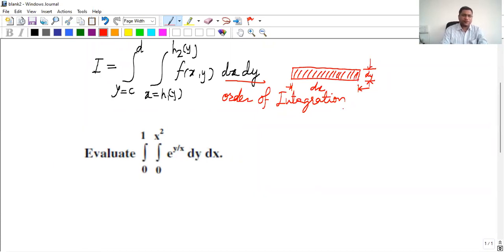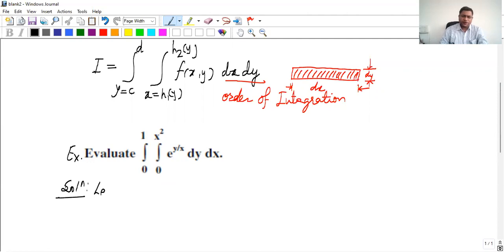So we have the example here. Evaluate this integral 0 to 1, 0 to x square, e raised to y by x, dy dx. So we go with the solution.